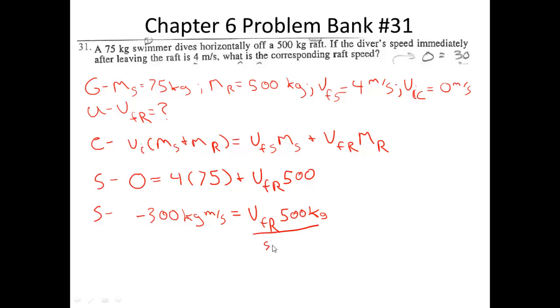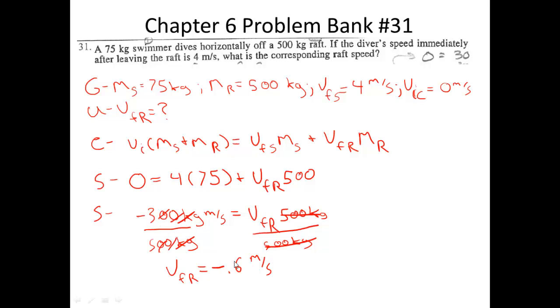Divide both sides by 500. See that our kilograms cancel out, and that our final value V sub FR is equal to a negative 0.6 meters per second.